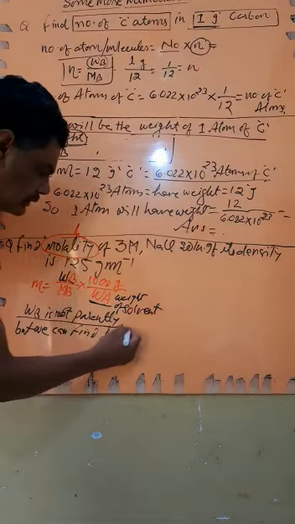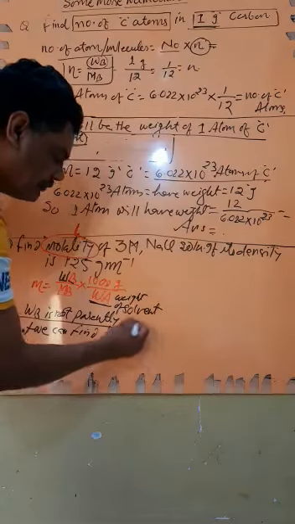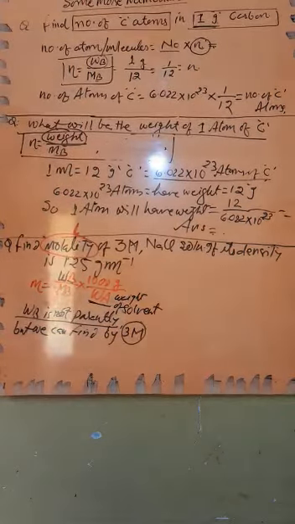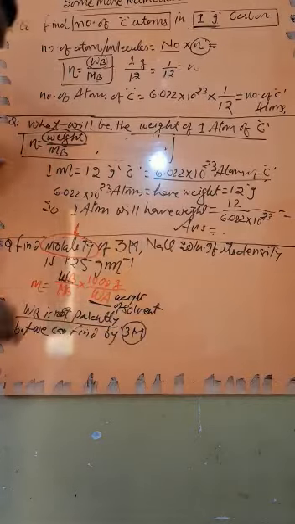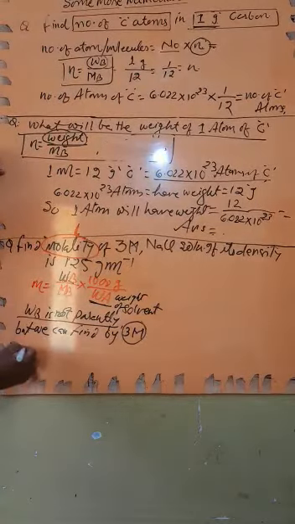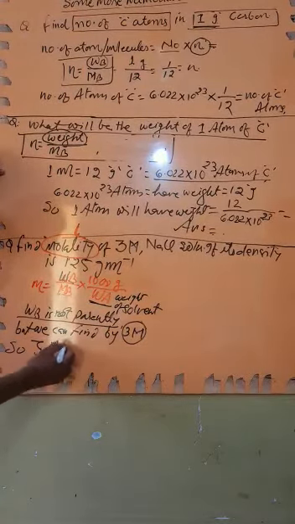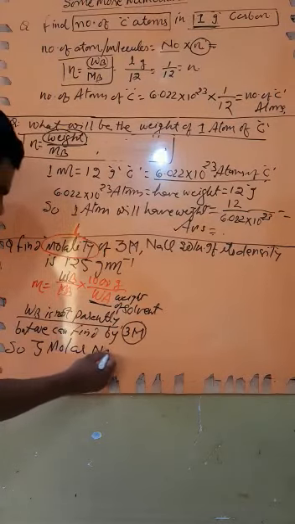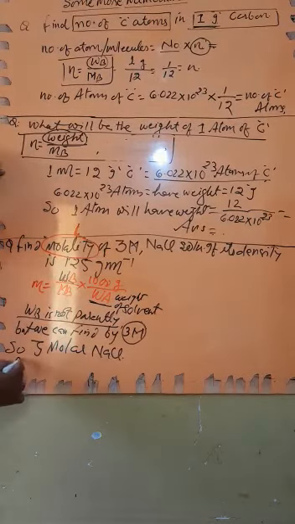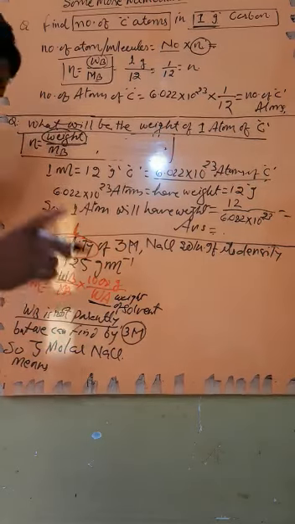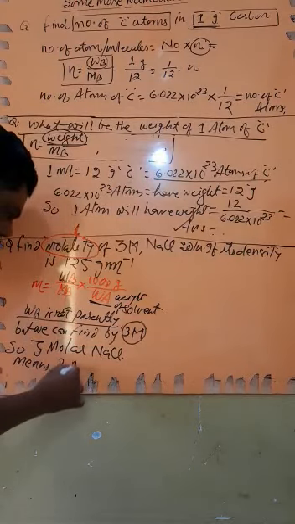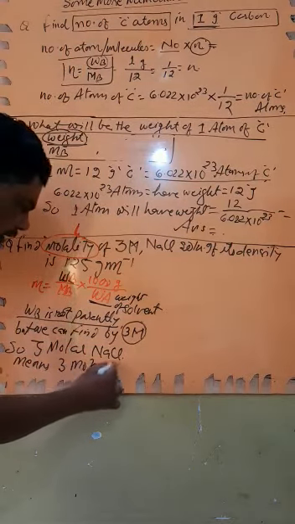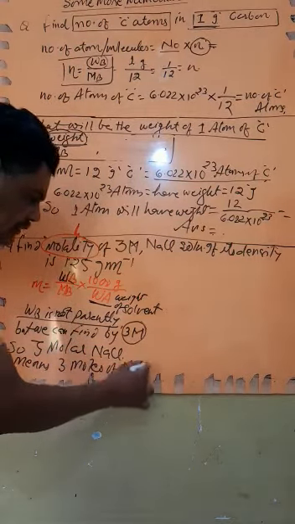By the value which is given, 3M, that is 3 molar, that is 3 molarity. So 3 molar NaCl means 3 moles of NaCl.